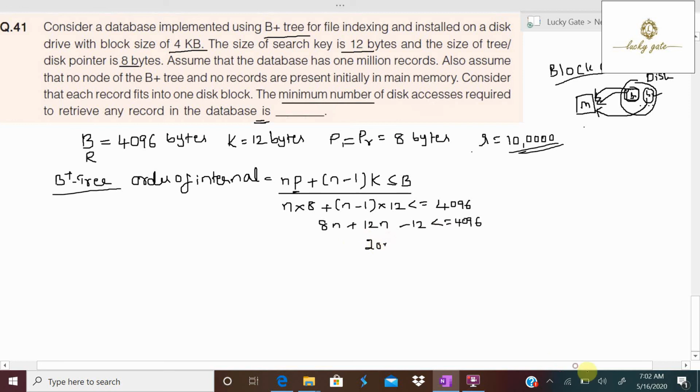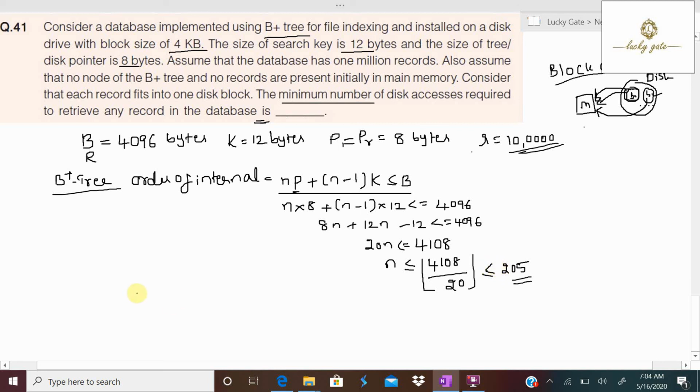That is 20n; if this minus 12 goes to the other side, it becomes 4108. So n is less than or equal to 4108 by 20. Because it is less than or equal to, we have to take the lower bound, which is 205 point something. So we should take 205 as the order of the internal node.